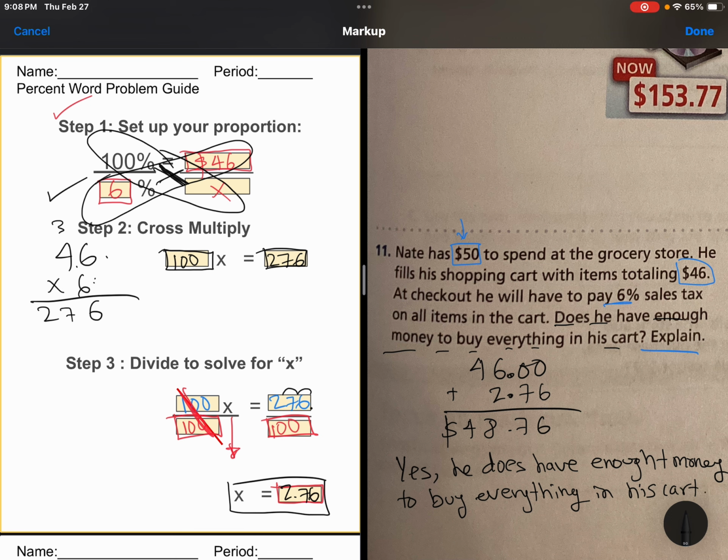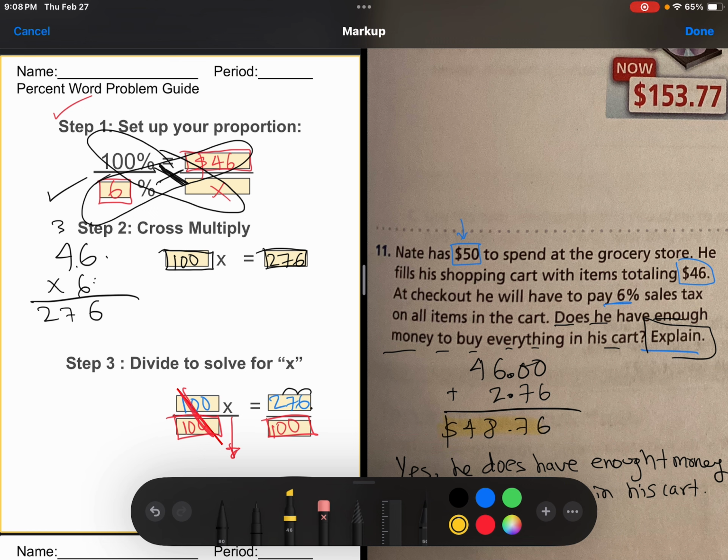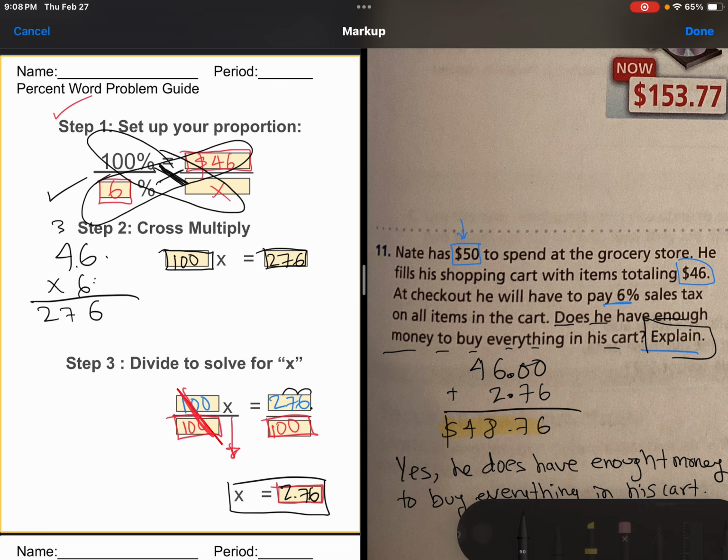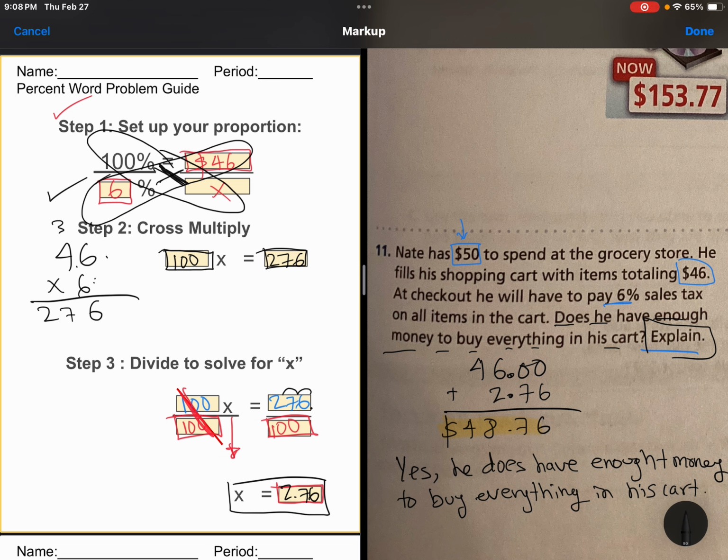If you're asked to explain why, okay, so because after tax, after 6% tax, all he is paying is that $46.76, okay, that is what he's buying. So it does have enough money since he has $50 in his pocket.